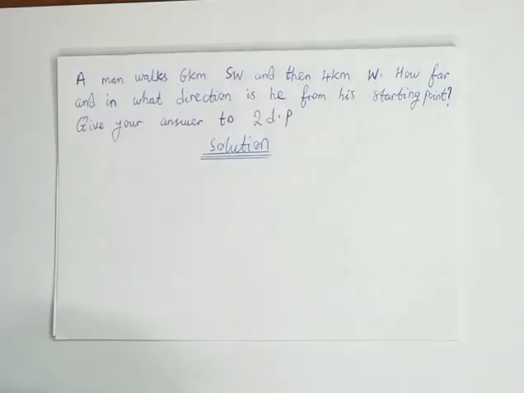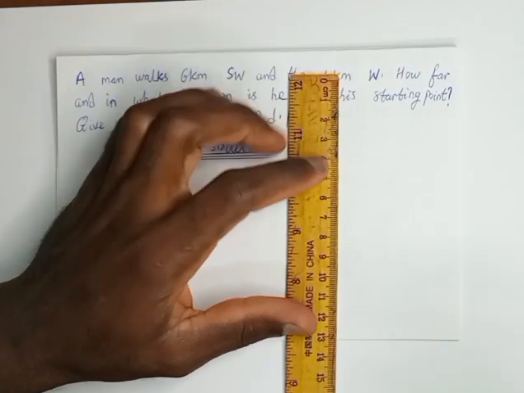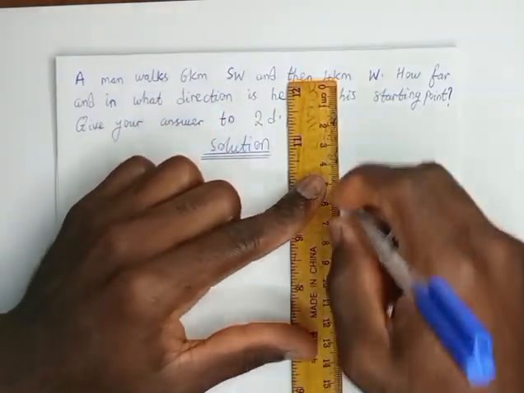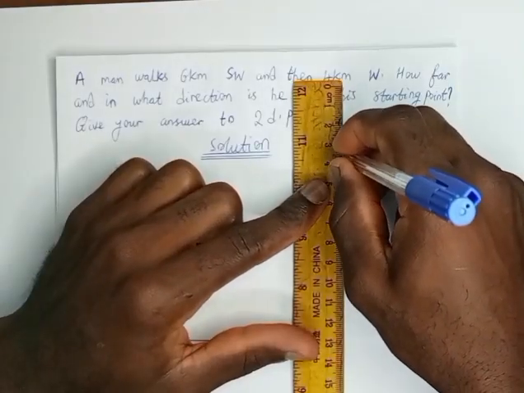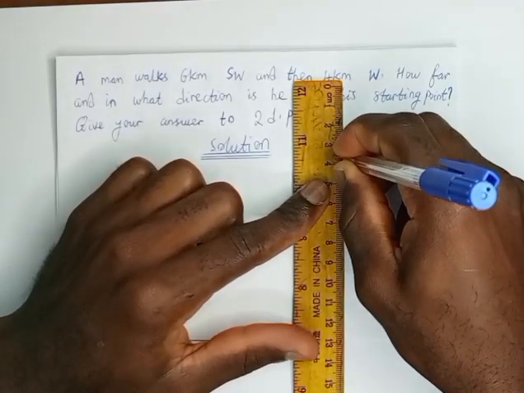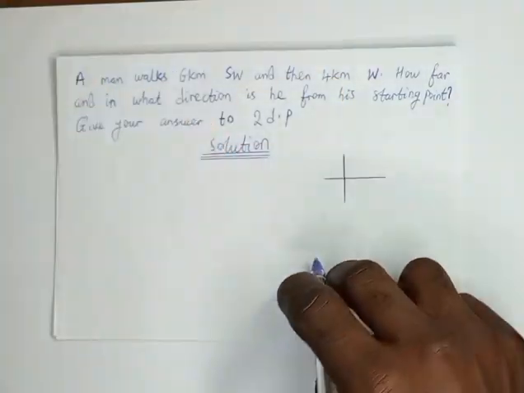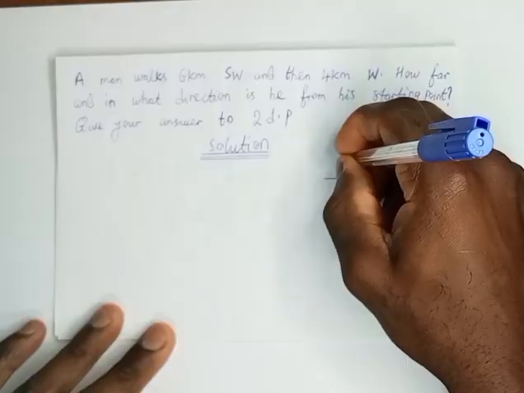For us to easily answer this question, we are going to start by representing the man's movement on a diagram. We have been told that the man walks 6 kilometers southwest. Let's draw our cardinal pointer. This is the north.